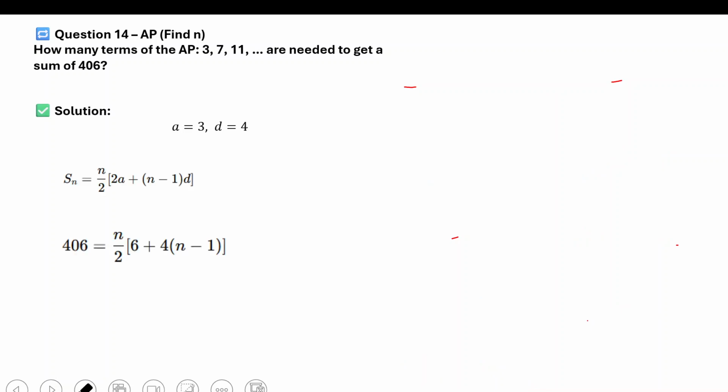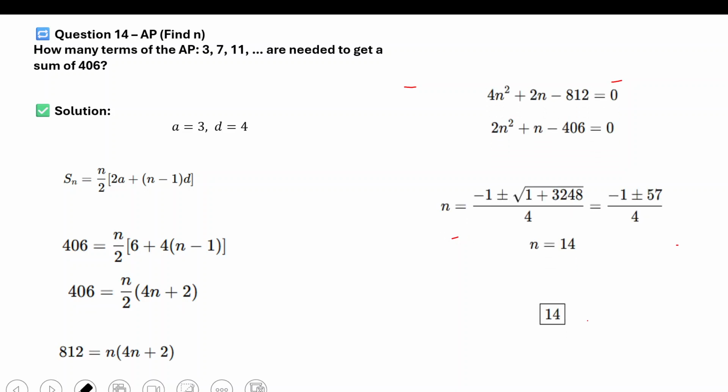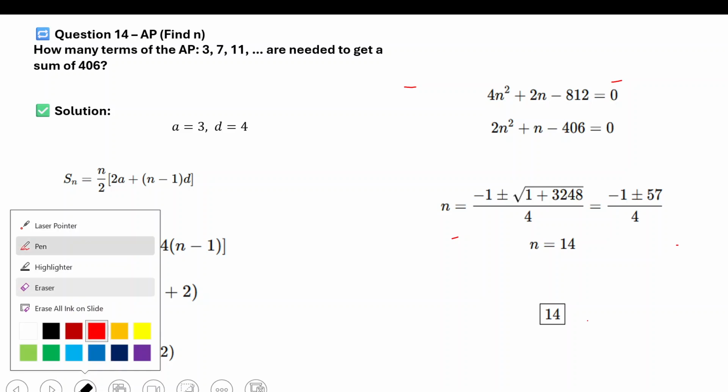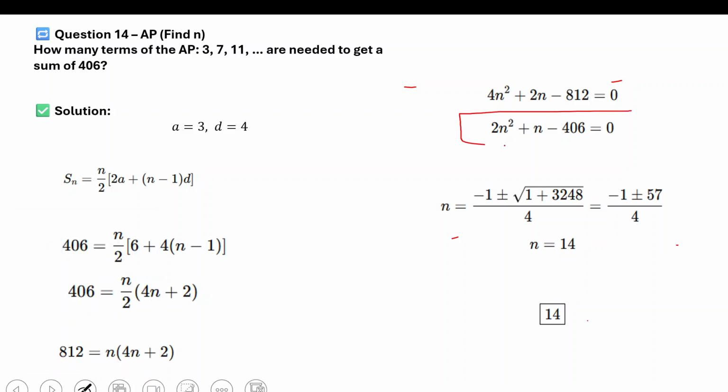Okay, so let's go to the printed version. So this is what it turned out. This is the quadratic equation I showed you on the slide. From here we can use the formula method to get n. You're going to have two solutions. We're taking the solution that is positive: minus 1 plus 57.